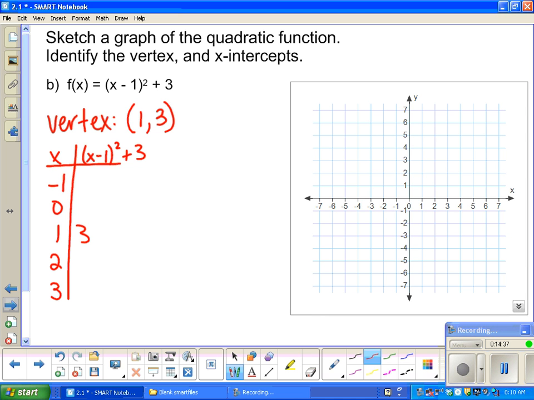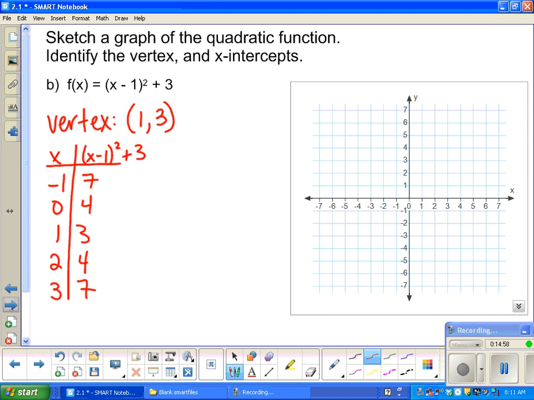Okay. So now, when I plug in negative 1, that would be negative 2 squared, 4 plus 3, 7. When I plug in 0, negative 1 squared plus 3, 4.